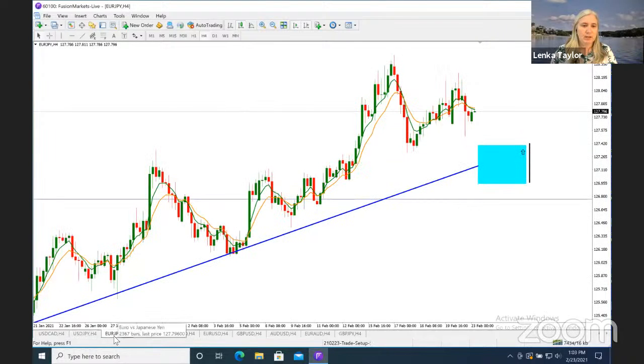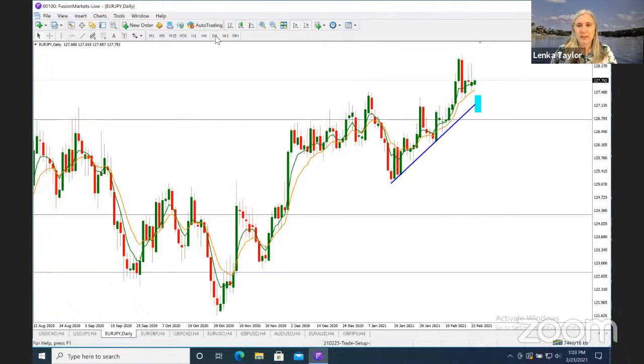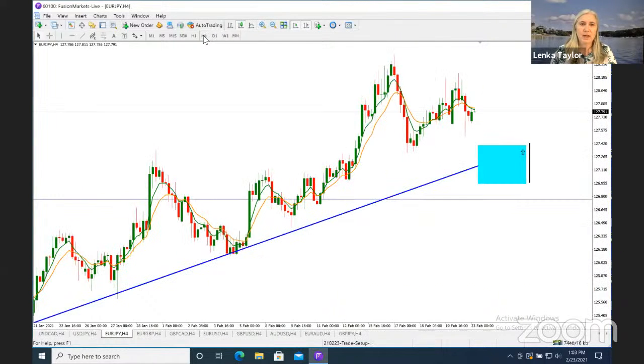So the next chart I'm going to have a look at is EURJPY. And this one on the daily time frame, the direction is still upward for me. So on the H4 time frame for the entry, I'm looking for the price to pull back into this area that is near the trend line.